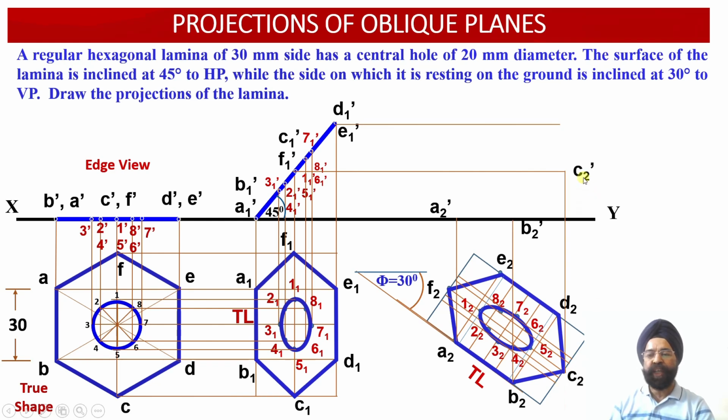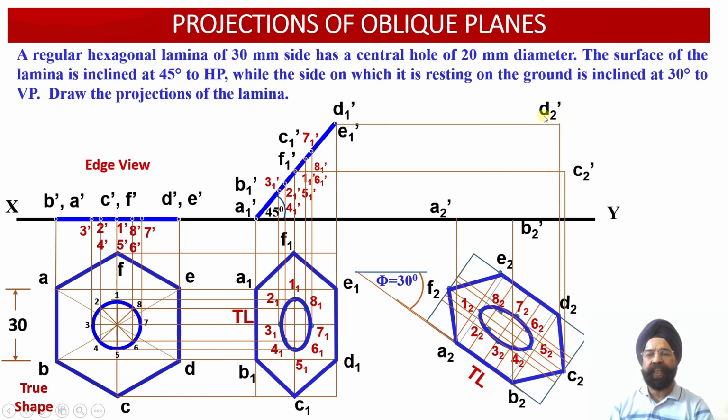Similarly, C2 dash has been obtained in the front view by the intersection of the vertical projection line emerging from C2 and the horizontal projector line emerging from point C1 dash of the elevation. Similarly, you have got point D2 dash.